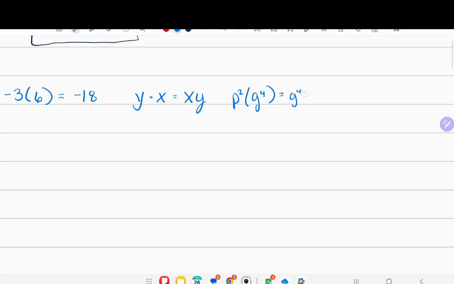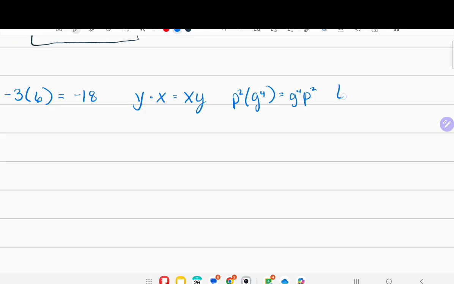G to the 4th, P to the 2nd. Why don't you add that 4 and that 2 together? They're not the same letter. The rule says when multiplying the same base, add the exponent. They're not the same letter, so just put them side by side. And you notice it started off with P and G. What did we do? Put it in alphabetical order. Okay? All right, let's do it again.